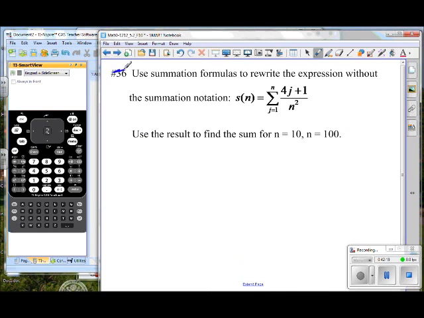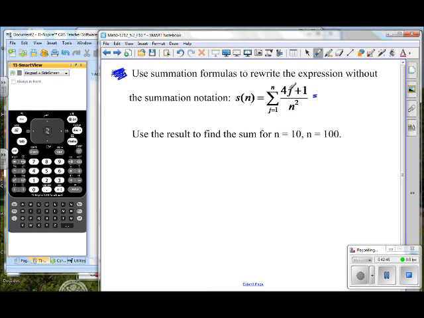Okay, this next problem says use the summation formulas to rewrite the expression without the summation notation. That is, rework this so that we end up with something that does not use the summation notation. Well, basically, what I want to pull out is the fact that the index is j. J is the one that's varying from 1 to n.